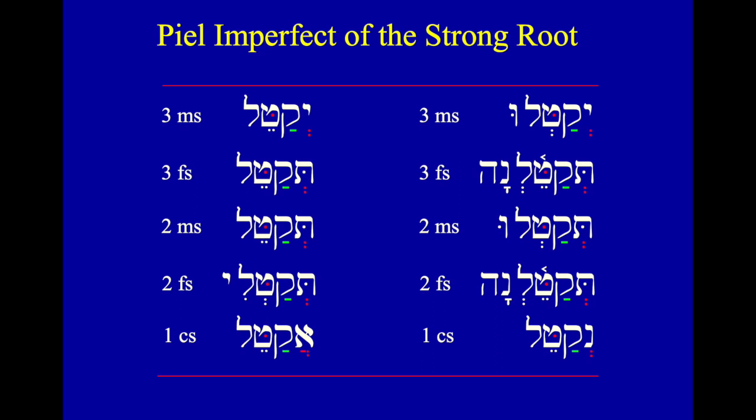You can see also that all of them have the distinctive Piel doubling of the middle radical. And you can also see that there are the distinctive imperfect prefixes and suffixes, or preformatives and subformatives.